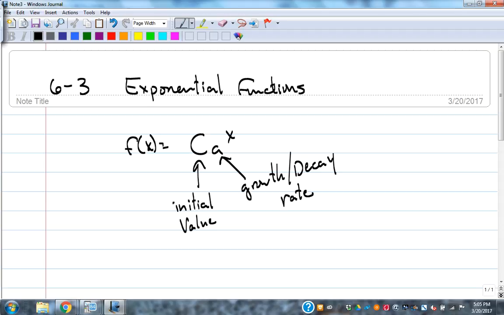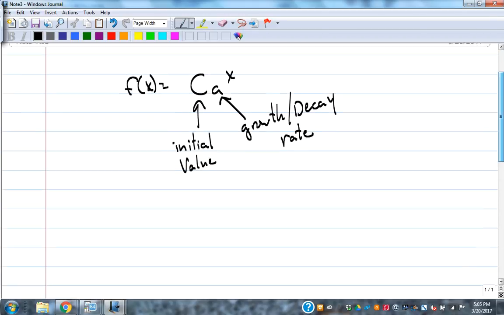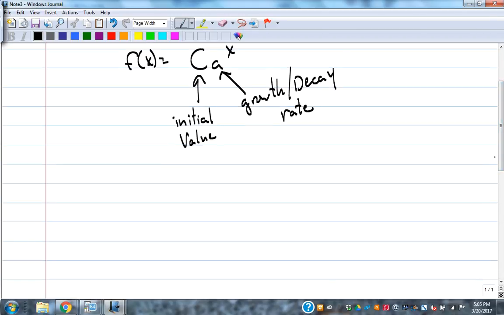Now, what we want to be able to do is recognize if some data is exponential. So, is the data exponential? Now, there's a couple different ways to do it. I'm going to show you the way that's best. One way would be to do a scatter plot. You type in the x values, the y values in list 1, list 2, and make your calculator graph it.